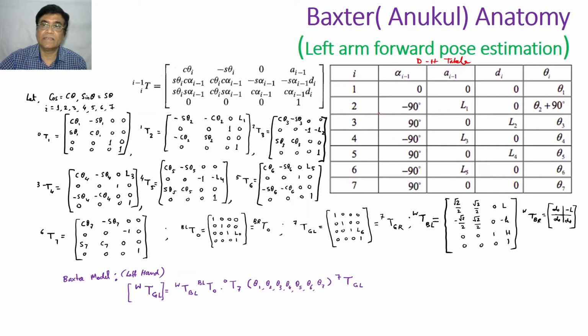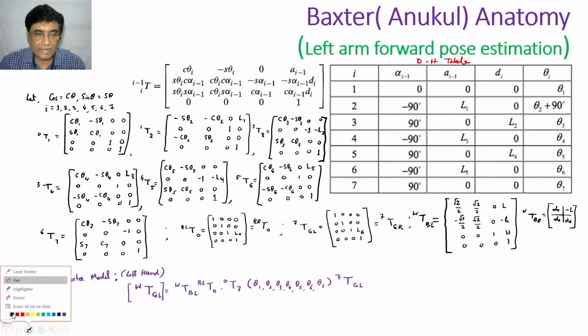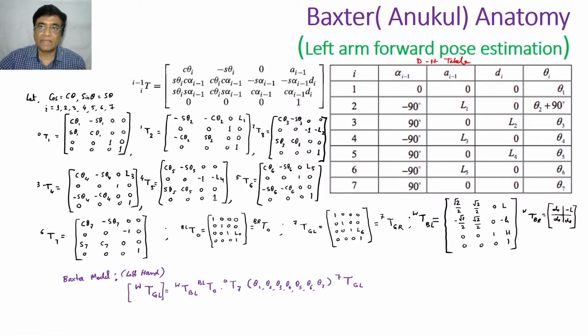Like with other industrial robots, once you have made the table correctly, you see that using it we have generated all the individual matrices of the left hand.